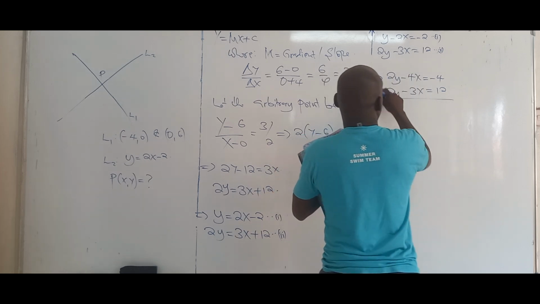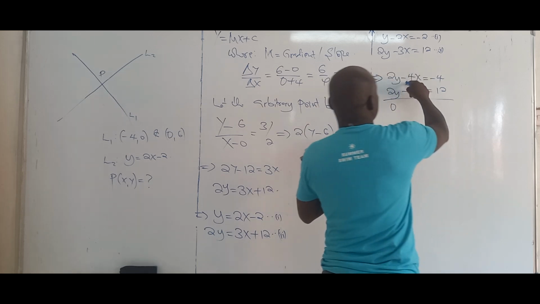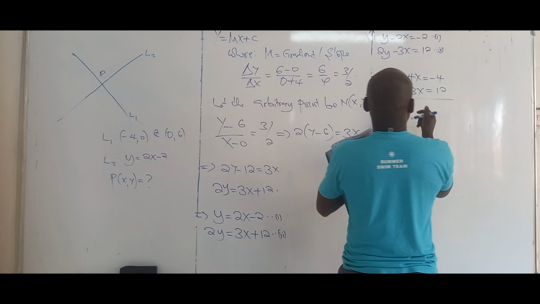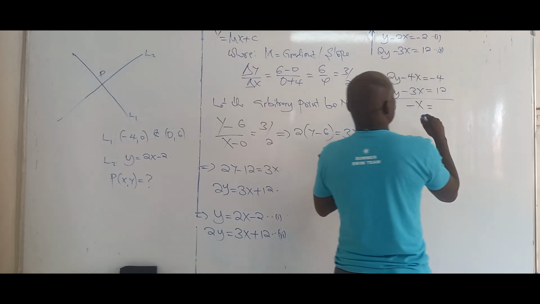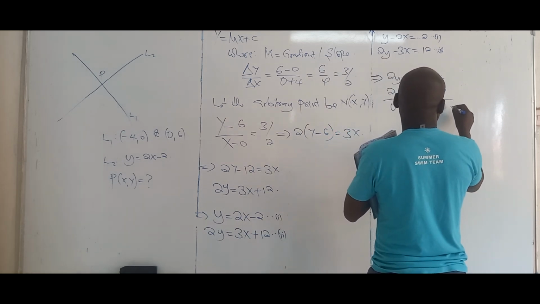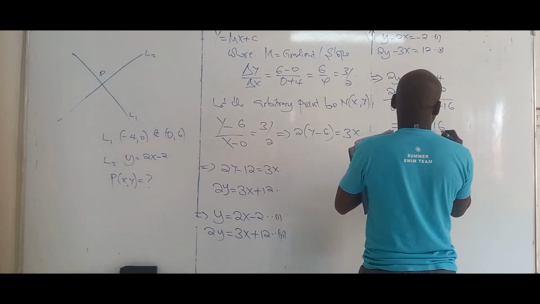I eliminate by subtracting: this minus that is 0, then -4 minus -3, that's -4 plus 3, which is -1. So I have -x is equal to -4 minus 12, that will be -16, implying that x is equal to 16.